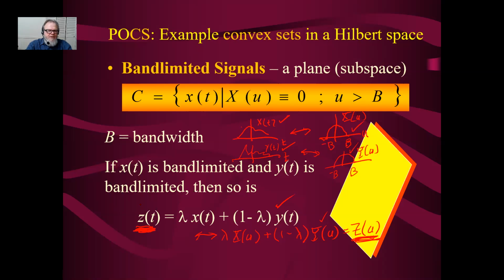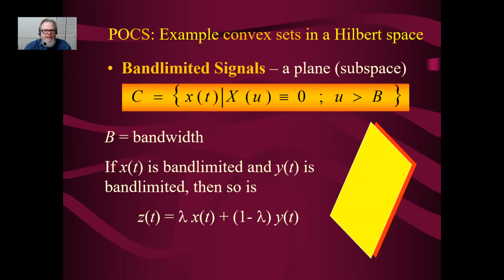So z of t must, by definition, by necessity, also be band limited. So wow, we see that we have a lot of convex signals, signal classes, if you will. These are classes of signals. Let's see if we have another example of a class of signals.